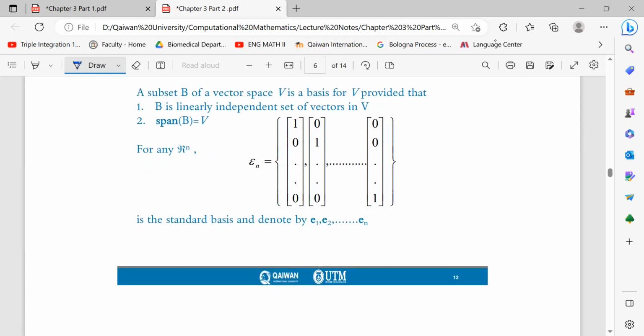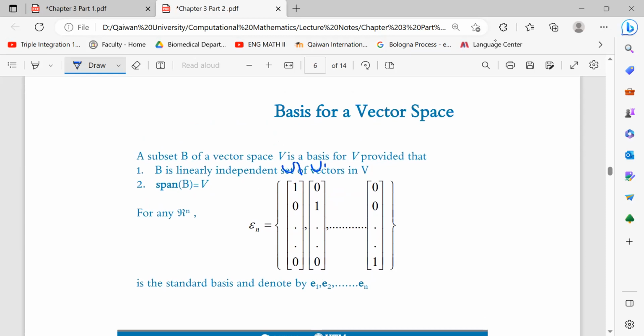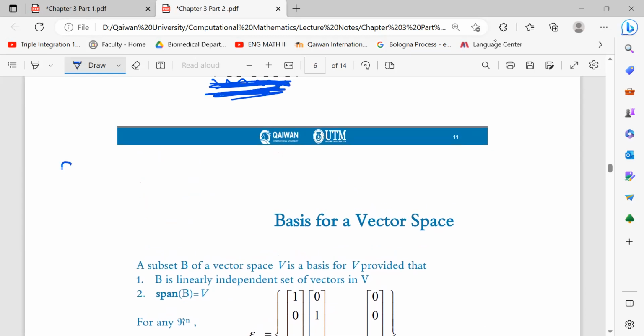For example, if we have these 3 vectors, v1, v2, v3, let's take 3 different vectors, better. Let's say 1, 2, 2, negative 2, 3, 0, 0, 4.